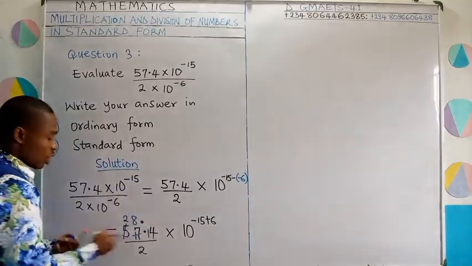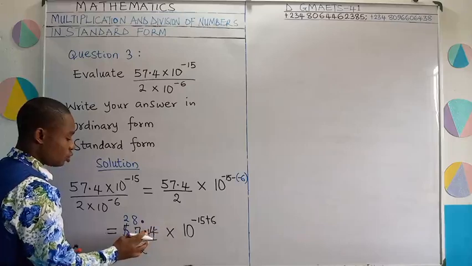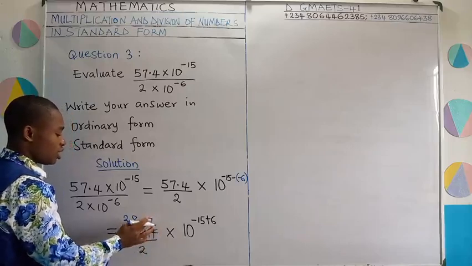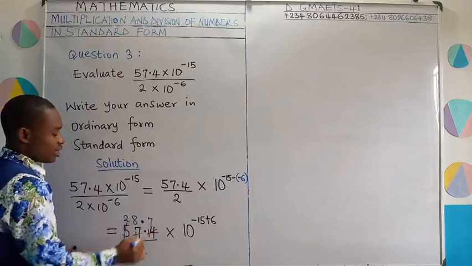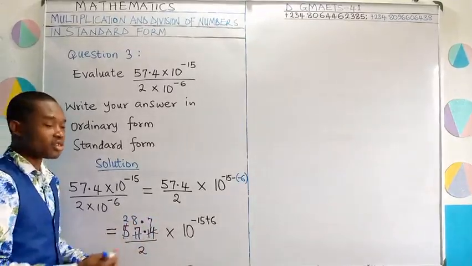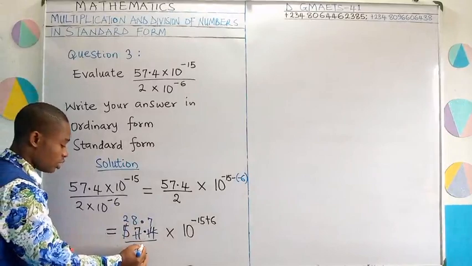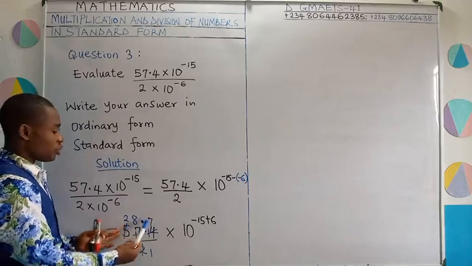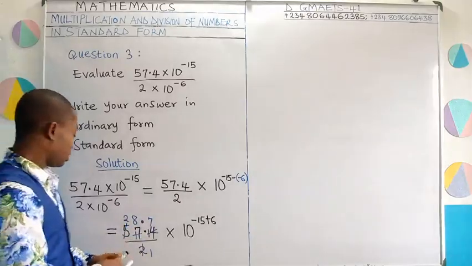Now we have 14 divided by 2, which will give us 7. So you have a 7 here. Clearly, the last division gave us a whole number, which is 7. There is no last remainder. Therefore, this denominator 2 will divide itself to give us 1. So this is actually 28.7 over 1.